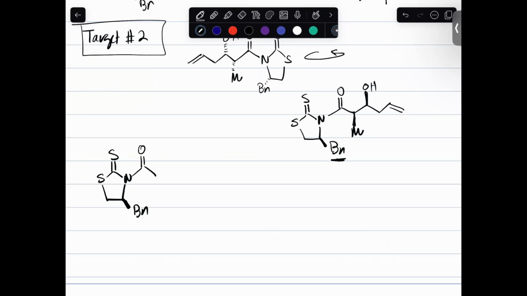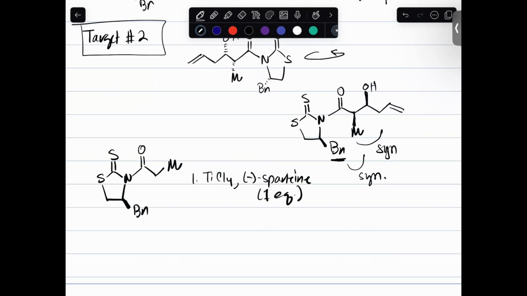Please notice that in this case, it is the syn product, but it is now also syn to the substituent on my thiazolidine thione. So I still can use titanium tetrachloride as my Lewis acid. I can still use my spartine base, but now I'm only allowed to use one equivalent so that I can have coordination of my sulfur to the titanium.